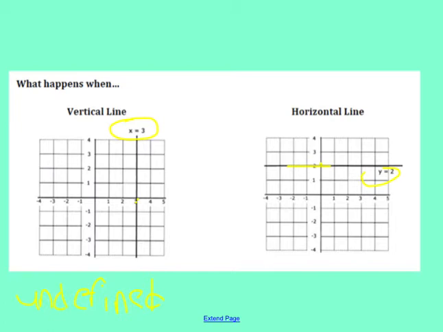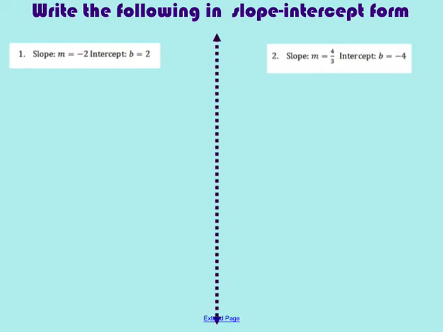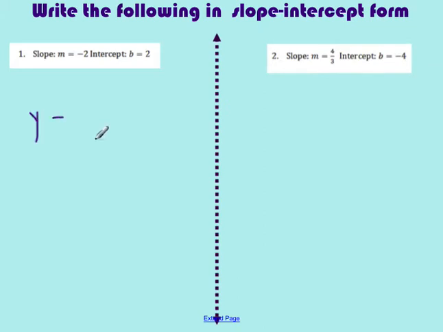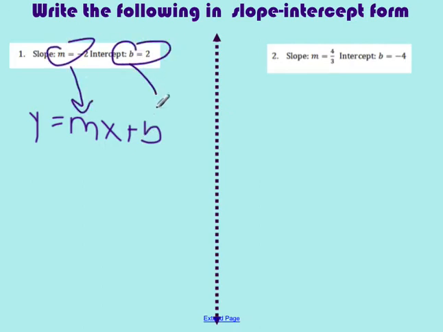So let's get some practice with slope-intercept form. We want to write the following in slope-intercept form. To do that, remember we're going to use the form y is equal to mx plus b. Our m is -2, so we plug that in for m. Our b is 2, so we plug that in for b.